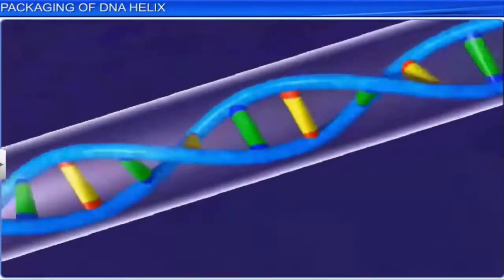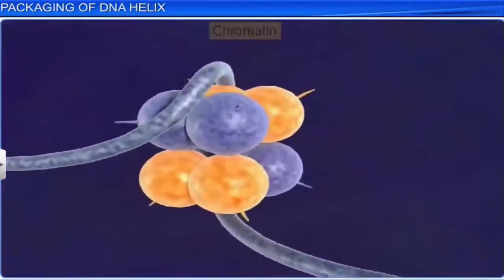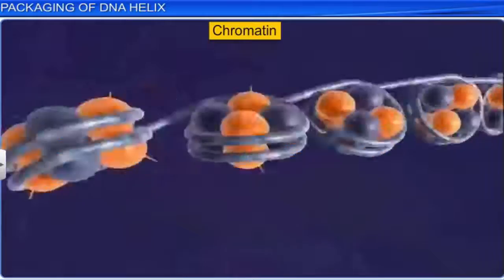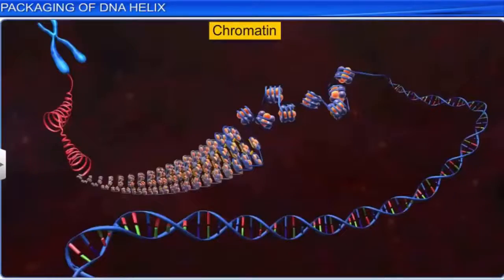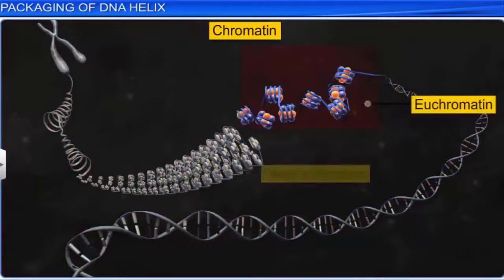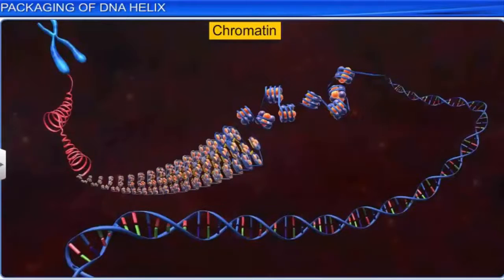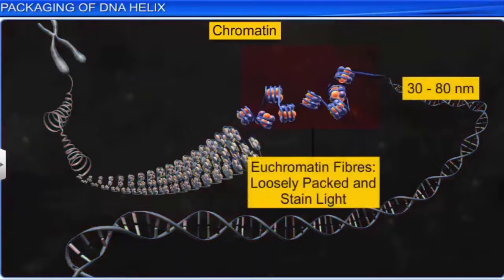It is the nucleosomes that make up the repeating unit in chromatin, the thread-like bodies present in nucleus. Now, the chromatin fibers are of two types, euchromatin and heterochromatin. In a typical nucleus, euchromatin fibers of 30 to 80 nanometers in diameter are loosely packed and stain light.